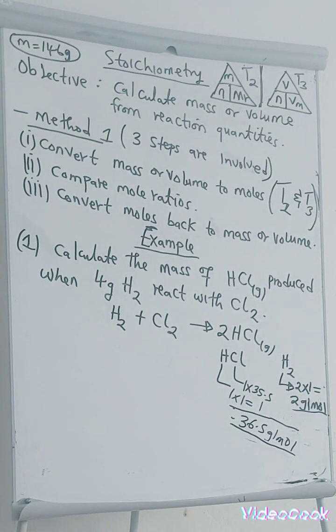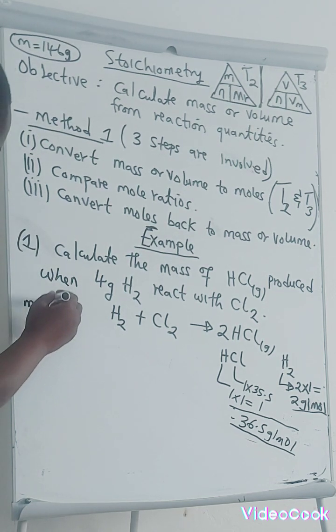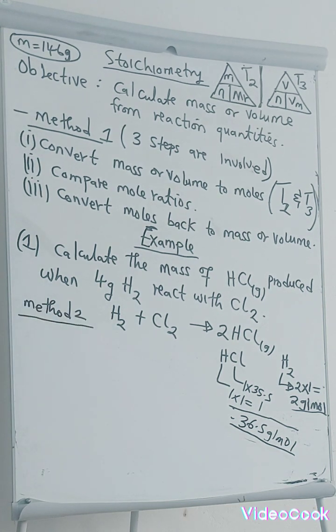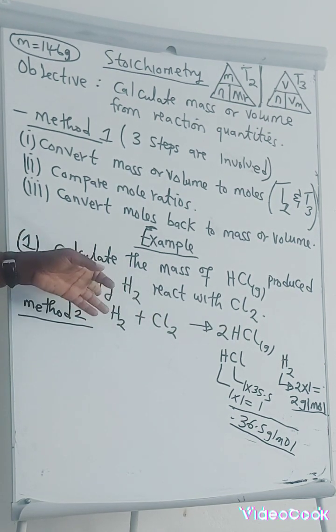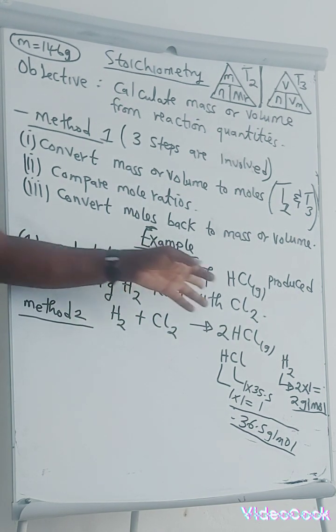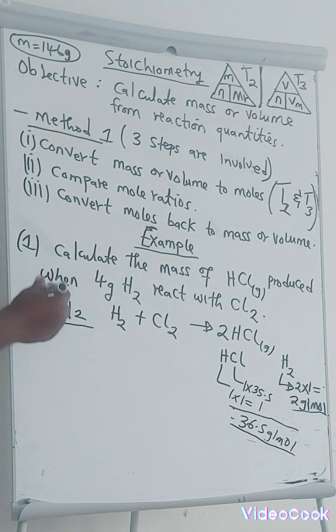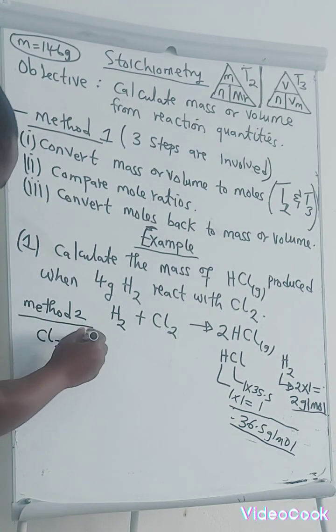Then we utilize method 2. Method 2 all works by comparing the two items. The one which is given, which is hydrogen, and the one which we want to calculate, hydrogen chloride. So we compare them from the balanced equation.